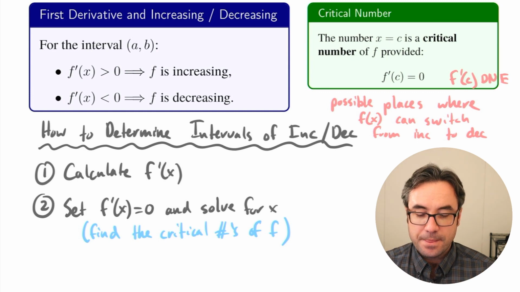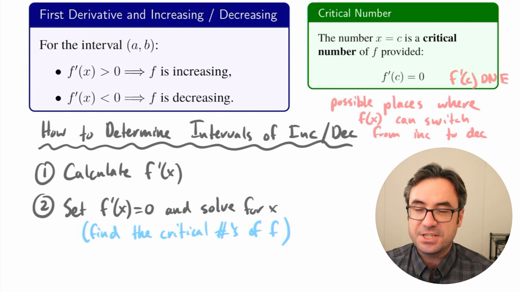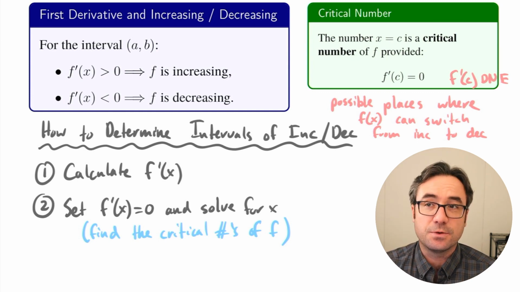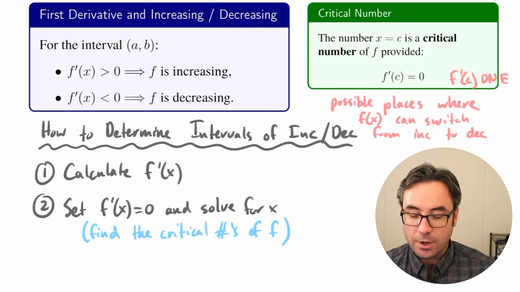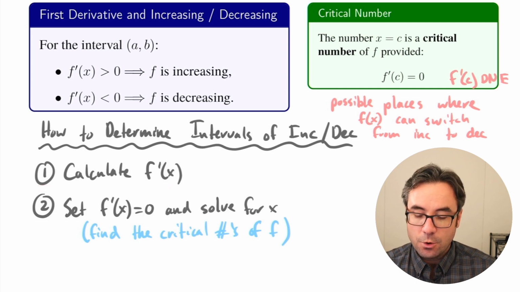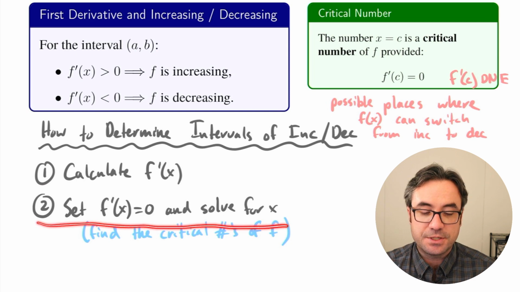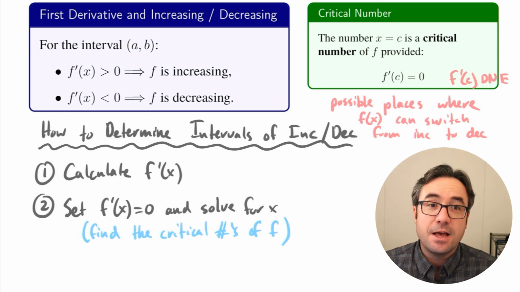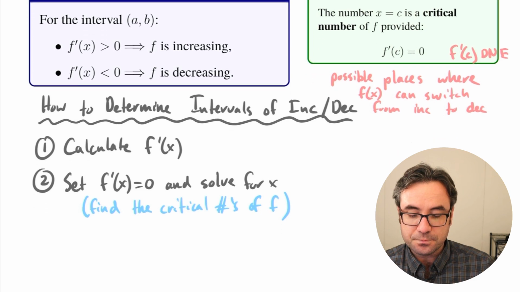Going back to our steps for how to get the intervals of increase, decrease, we're going to calculate the first derivative. We're going to set the first derivative equal to 0 and solve for x, because those are the places where the increasing and decreasing behavior might change.